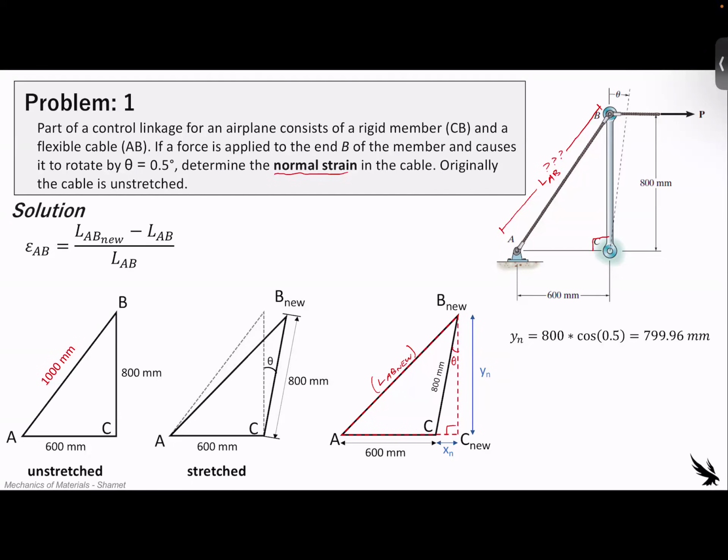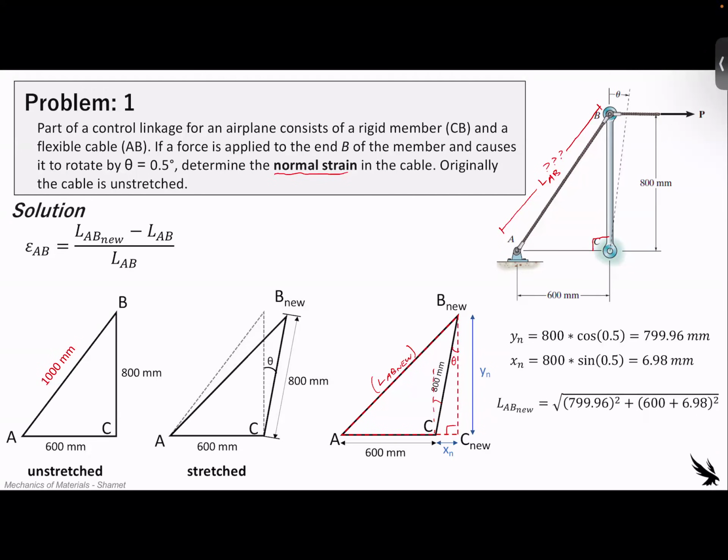Since this angle is at 0.5, that's correct, because it rotates there. Then our new y is going to be 799.96, so very small change. And our new x is only going to be pushed out 6.98 millimeters.